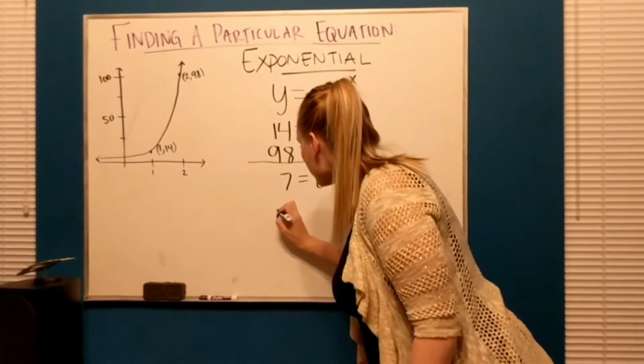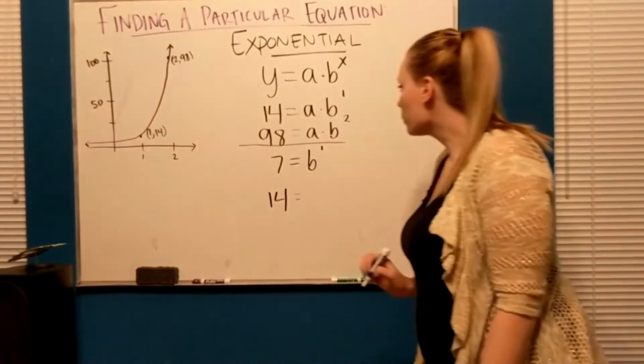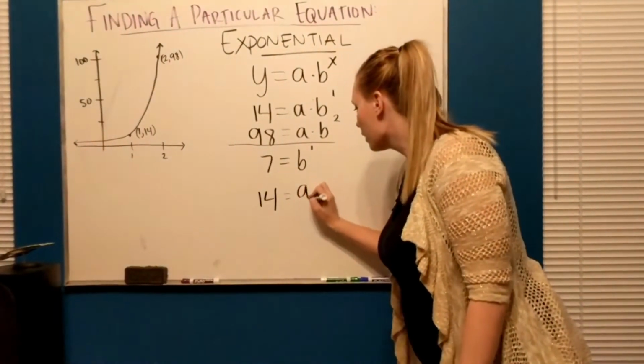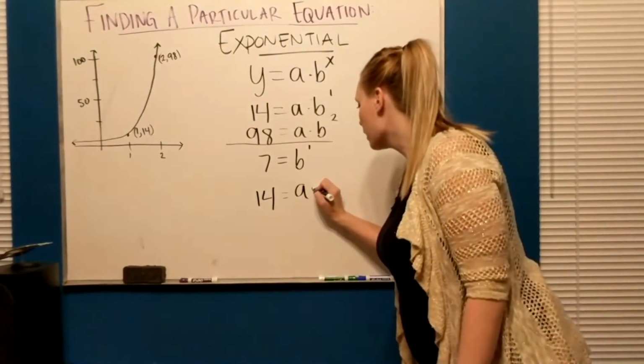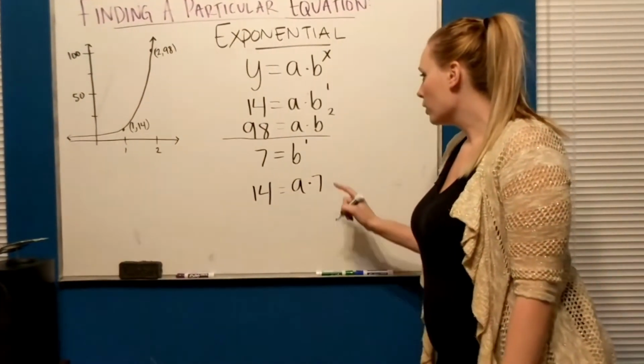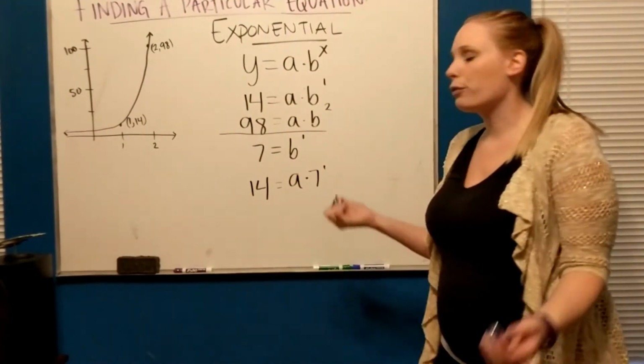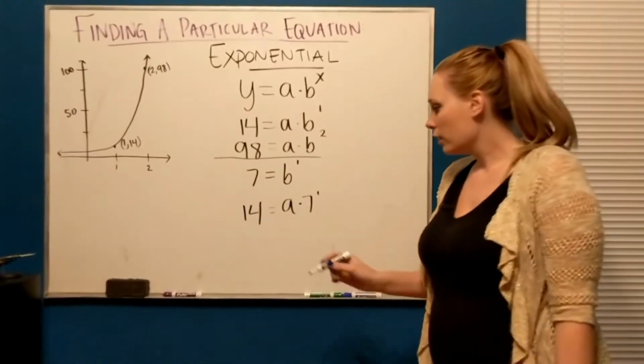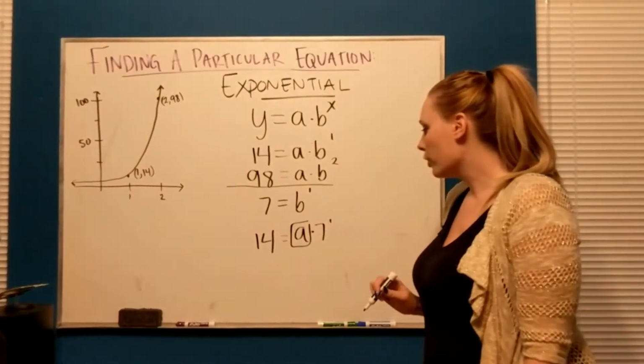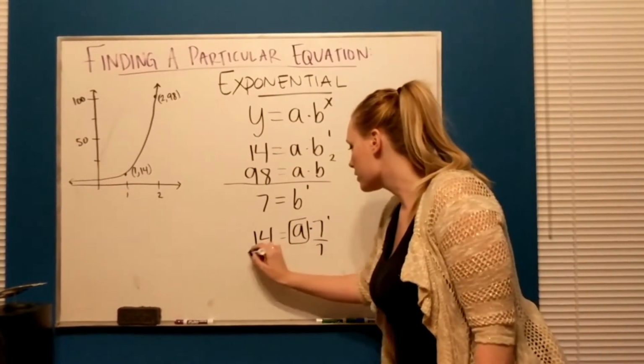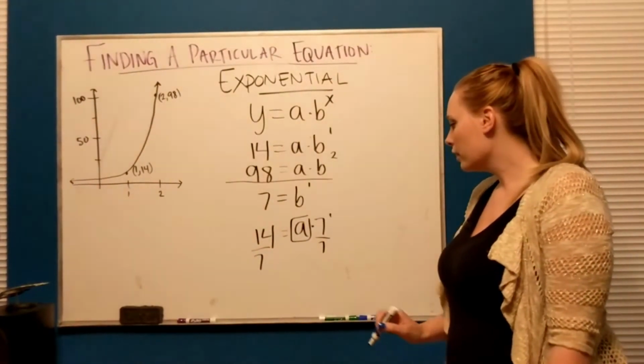So I have 14 equals a times, well, I know b is 7, 7 to the first power. 7 to the first power is just 7. We need to get a by itself. So I'm going to divide both sides by 7.